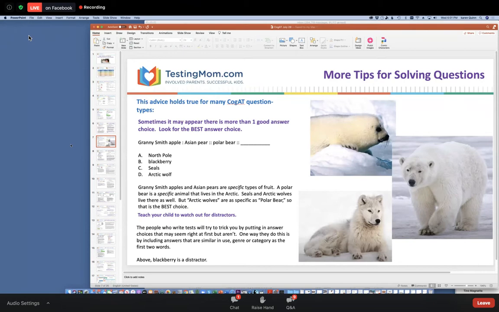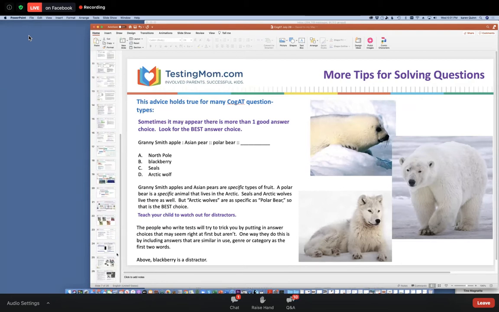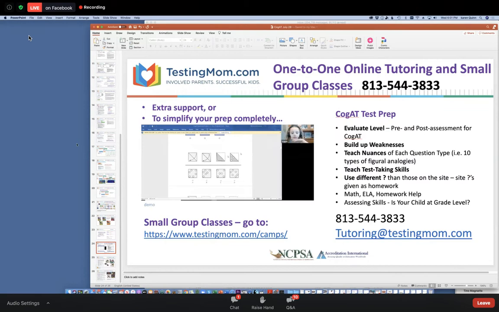Is the CogAT for the gifted test or the WPPSI 4? Again, it depends on what school district you're in. The CogAT is a very commonly given test for gifted and talented programs, and it's a group test. So they're able to give it to lots of kids at once.